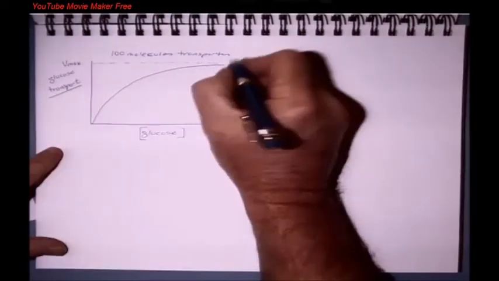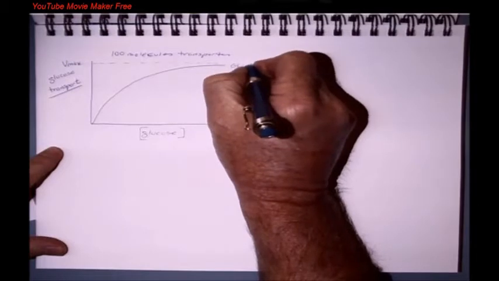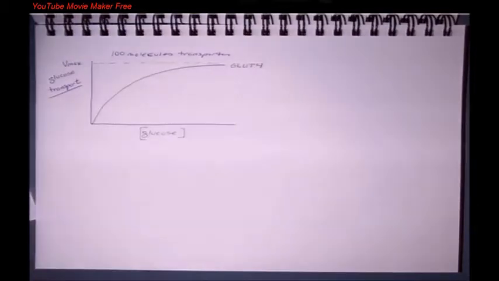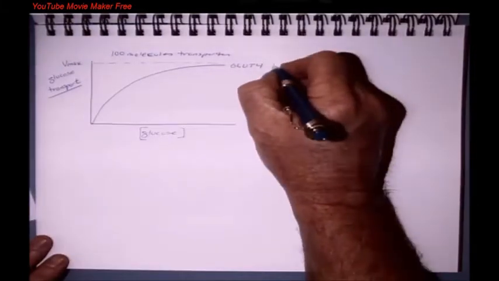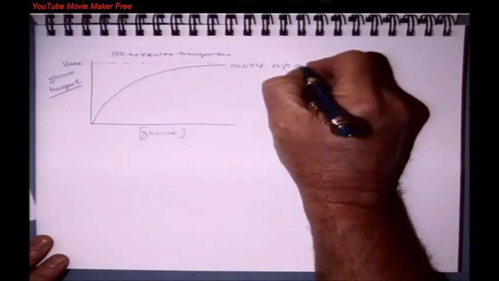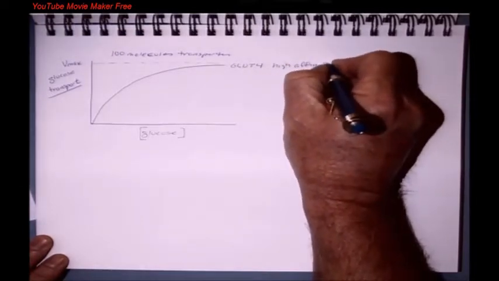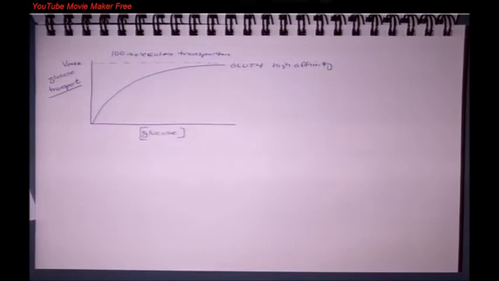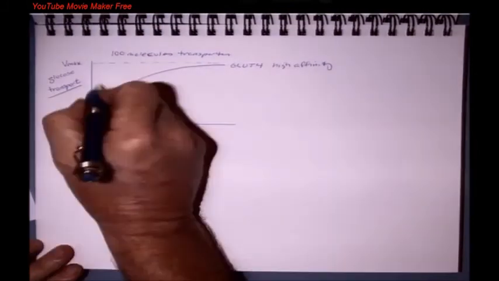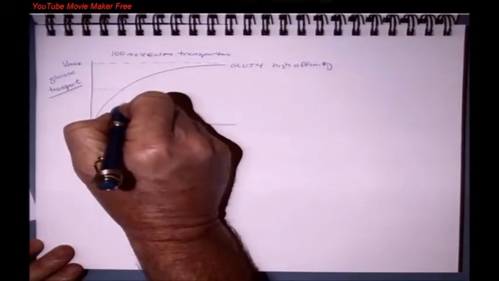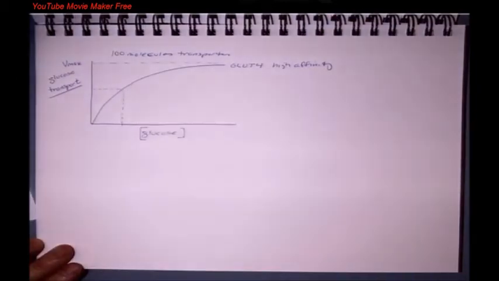So what if I told you this was GLUT4? This is our high affinity transporter. What's that?